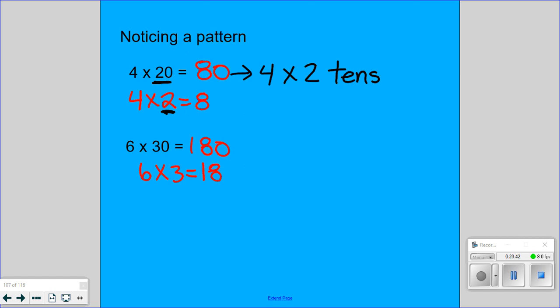Well, what's 4 times 2? Huxley? 8. So what am I counting by? What's 8 tens worth as a number? Carl? 80.